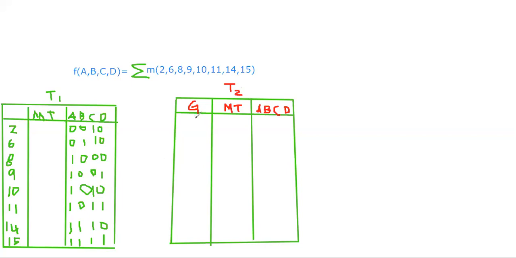We have to group the numbers by the number of ones in the occurrence. So there is no zero number of ones.